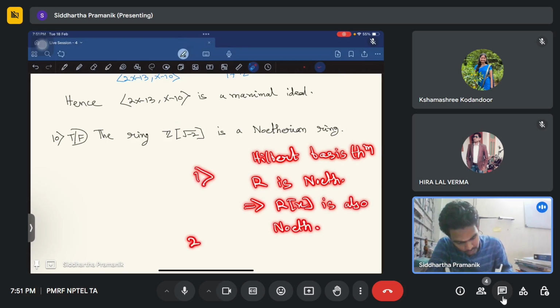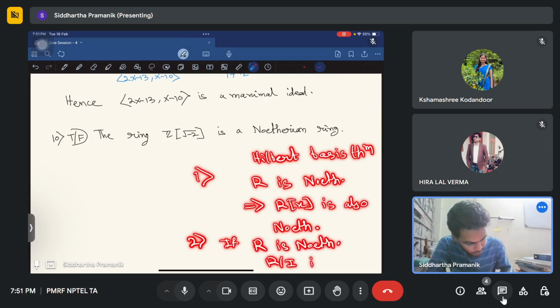And the second one is, if R is a Noetherian ring, then R mod I is also Noetherian. We have seen this result also in the lectures. So using these two, can you solve this problem? Is Z[root 2] Noetherian or not?